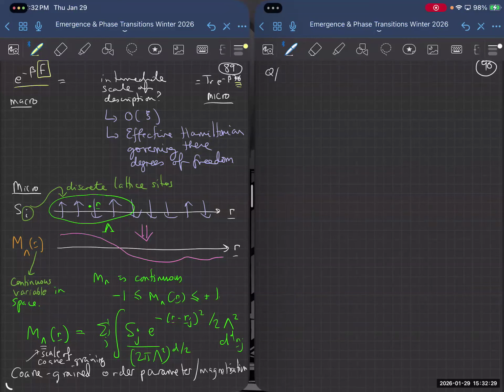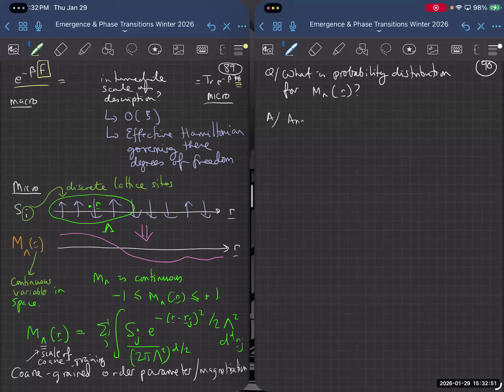So the question, I'll come to your question in a minute. The question is, what is the probability distribution of m lambda of r? And what we're looking for is an analog of the Hamiltonian.